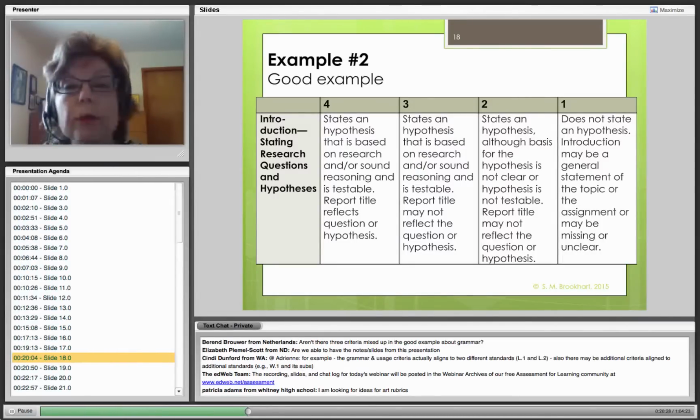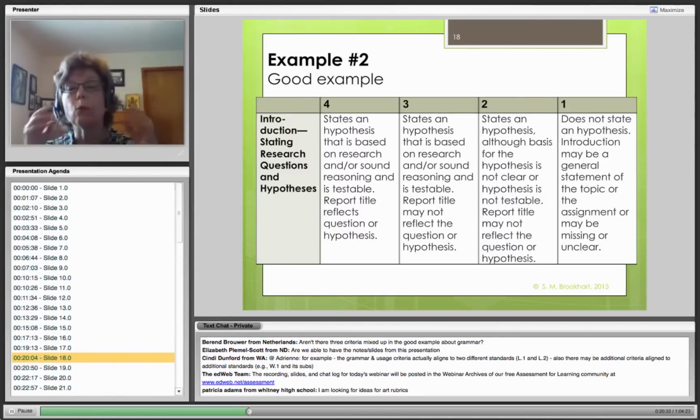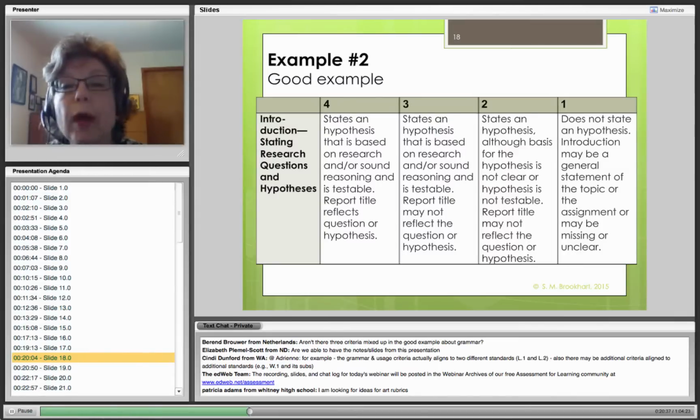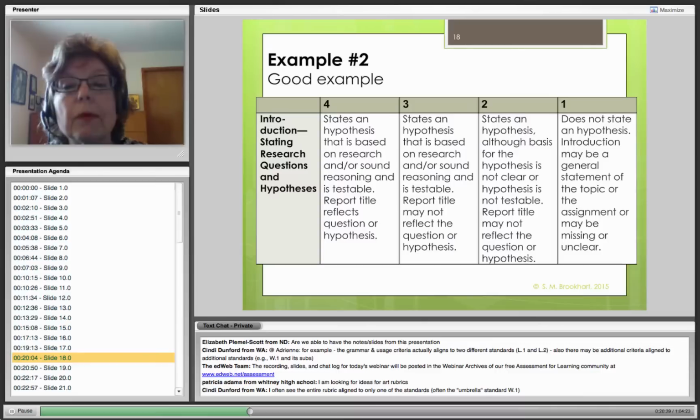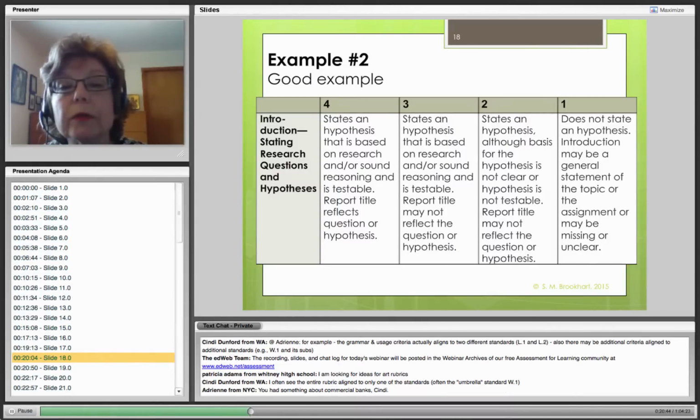We talk about hypothesis in all three of them, even though in the one category they don't state one, you still make reference to what's up with that hypothesis, and that they mention the quality of the hypothesis and the title all the way through, parallel.